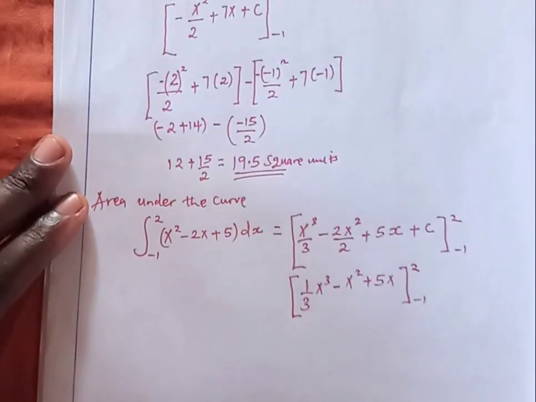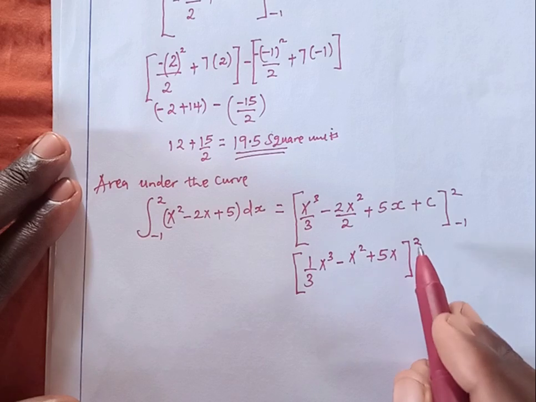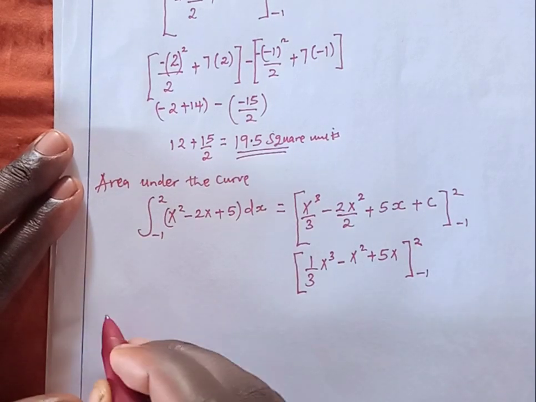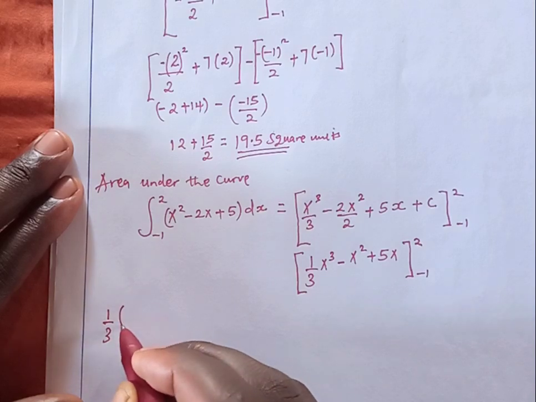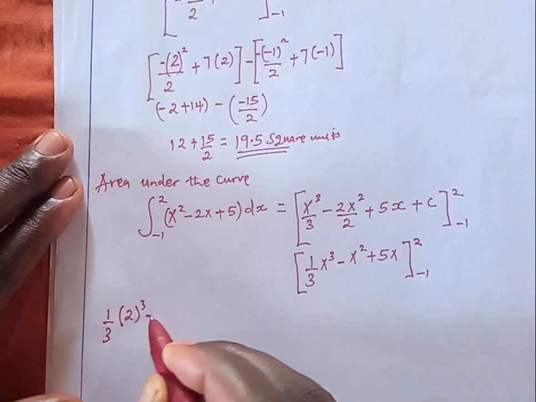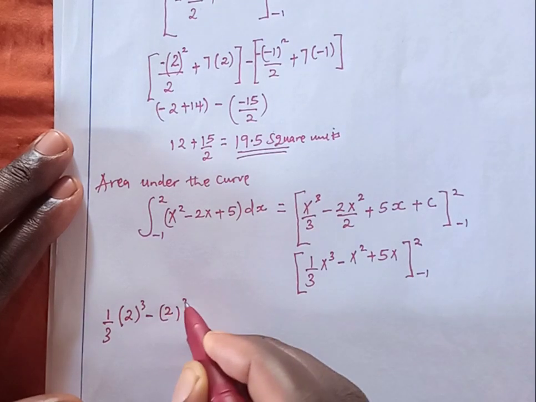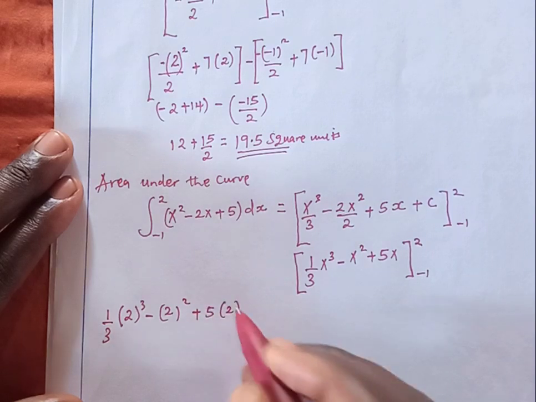Now let us insert the information, starting with the 2: a third times 2 cubed, minus 2 squared, plus 5 times 2.